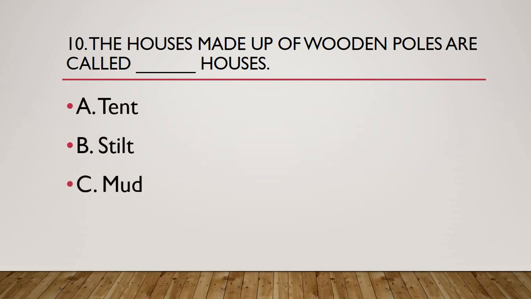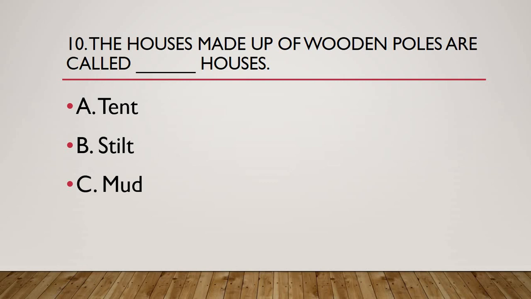Here are the options. Tent. Yes, in tents wood is used. Those who make the tent, they use wood. Okay. Stilt and mud. Mud, I don't think so. Mud houses are made using wooden poles.